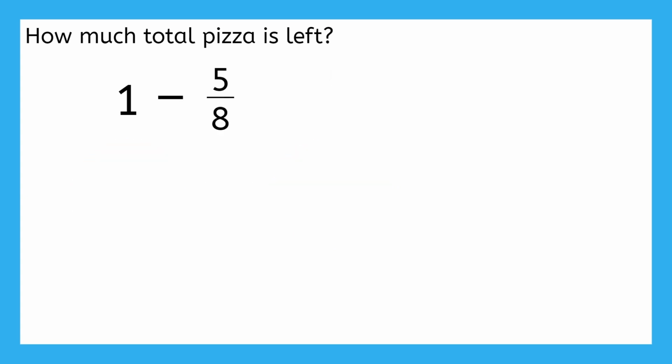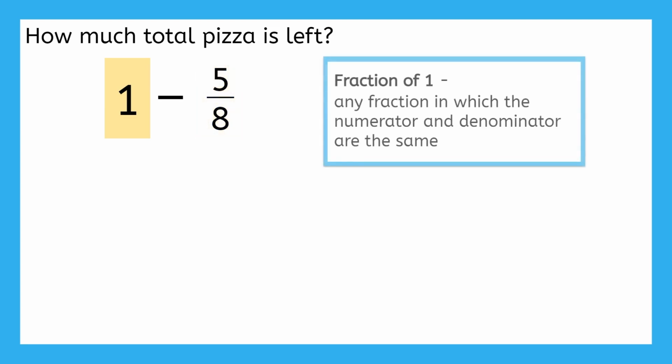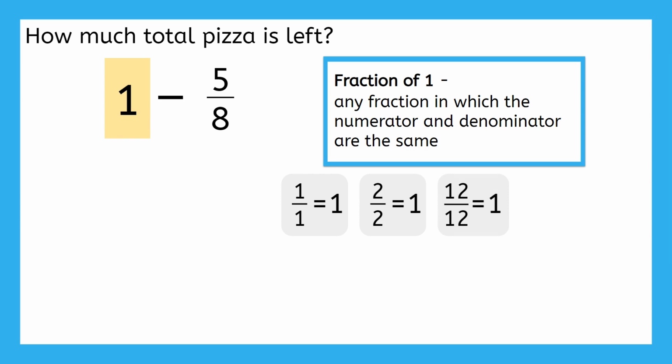Wait a minute. How do we subtract a fraction from a whole number? Of course, I can change 1 into a fraction of 1. A fraction of 1 is any fraction in which the numerator and denominator are the same, like 1/1, 2/2, 12/12, or even 1,423 over 1,423.